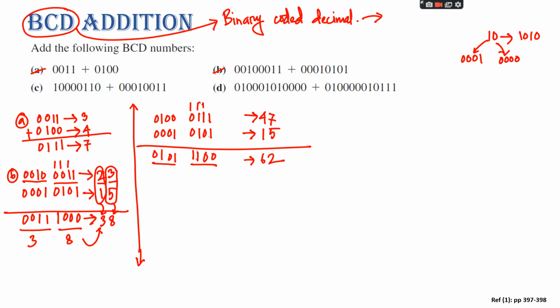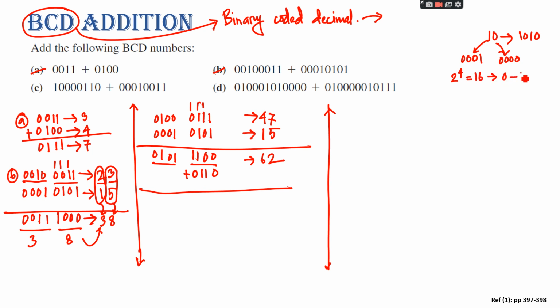Yes, sir. So whenever your sum goes beyond 9, what we need to do is just add 6 with it. You may ask why we are adding 6, right? This question comes. If you have 4 bits, how many numbers can you have? 16, right? 0 to 15. Yes, sir.